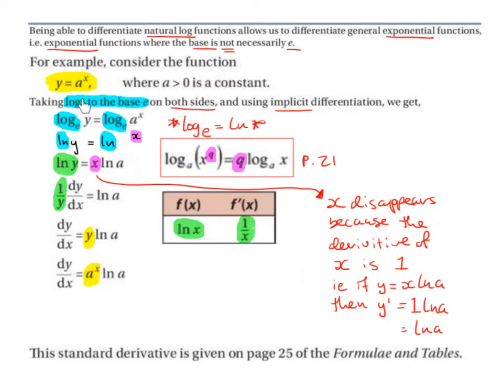Taking logs to the base of e on both sides and using implicit differentiation, we get log base e of y equals log base e of a to the power of x. So we're basically sticking a log base e on both sides. Now log base e we can rewrite as ln. So we have ln y equals ln.